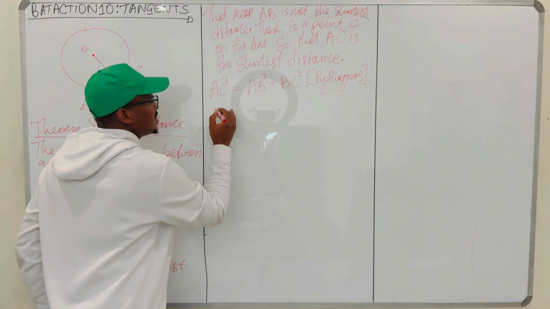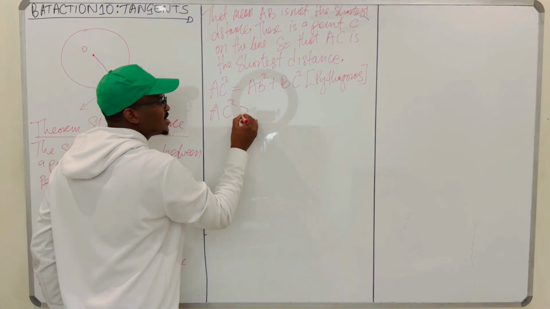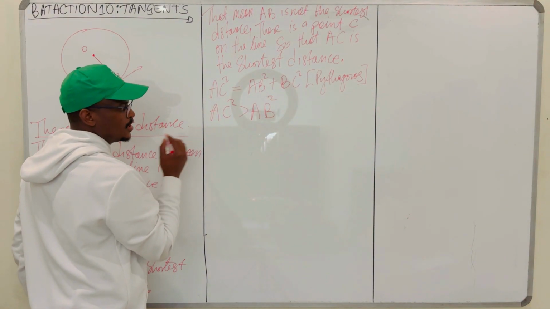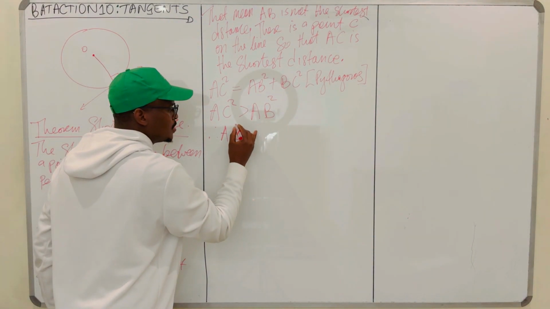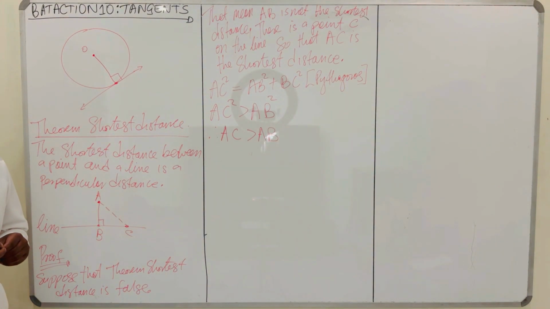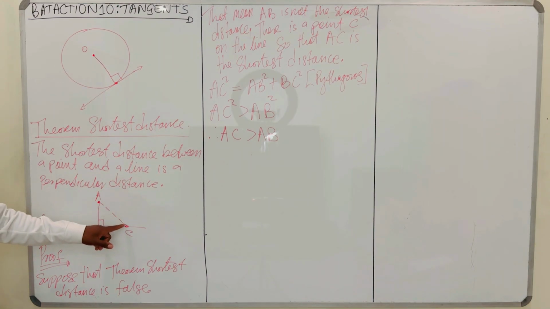So that means your AC squared is greater than AB squared. Right? Therefore, your AC is greater than what? AB. Do you understand? But this doesn't make sense because we said AC is the shortest distance. But if your AC now is greater than AB, that is a contradiction.